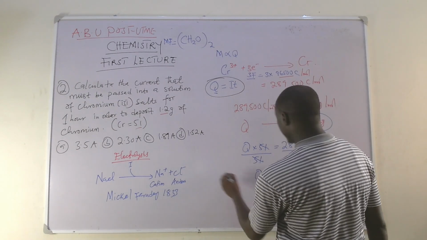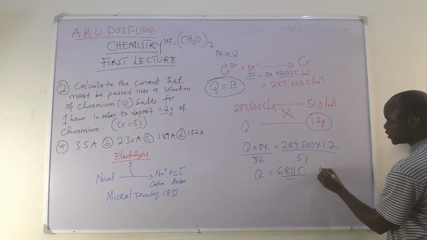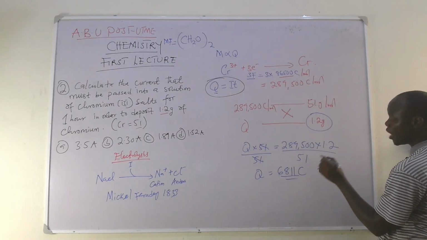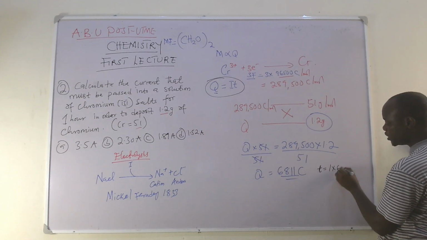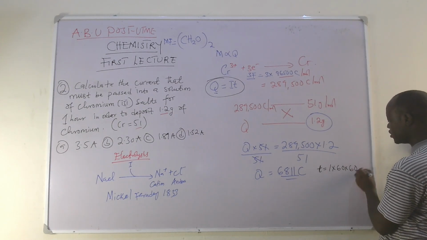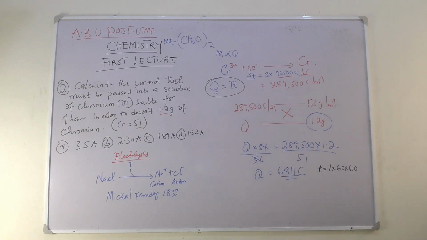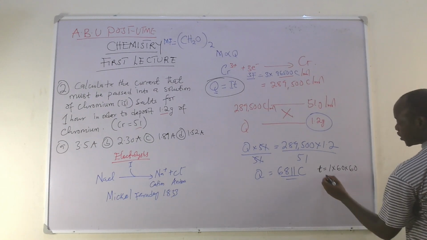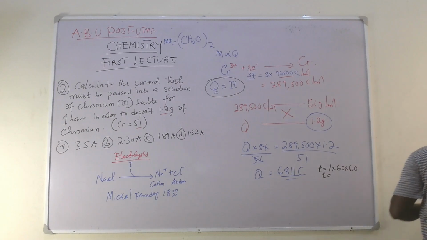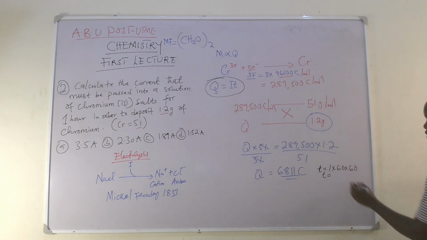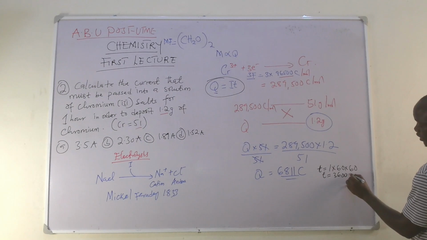We have 1 times 60 times 60, which will give us 3,600 seconds.